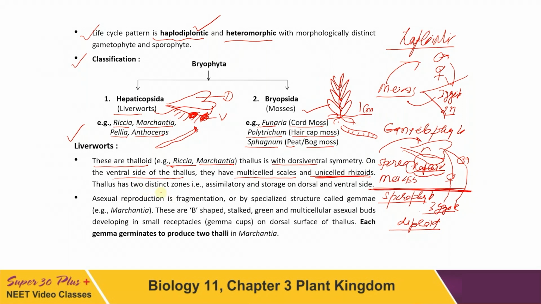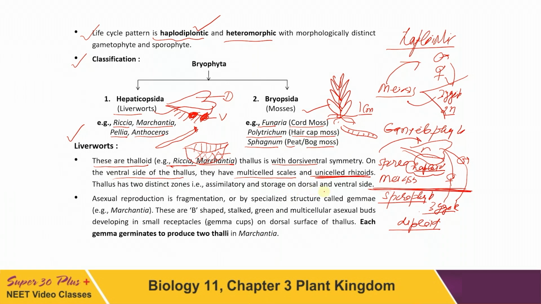The thallus has two distinct zones. If we cut a transverse section, this thallus has an upper zone and a lower zone. In the upper zone we have the assimilatory region, which will do photosynthesis, and on the ventral side, the lower portion, the food will be stored.